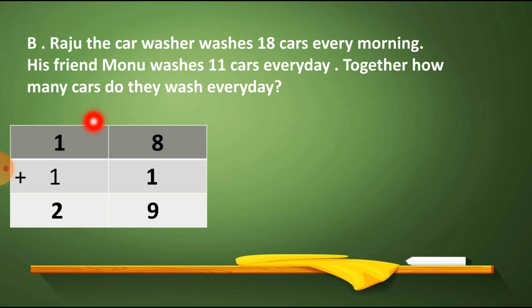Together, how many cars do they wash every day? In this we have to find how many cars they can wash together every day. So here this 18 cars Raju washes, so I write number 18 here, and then his friend Monu washes 11 cars. So I write number 11, and here is the together.